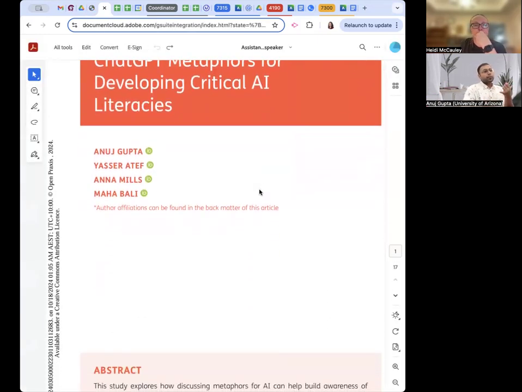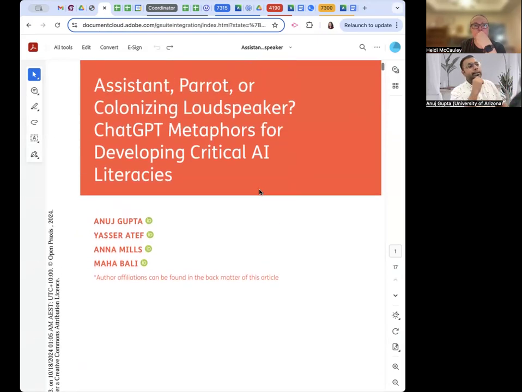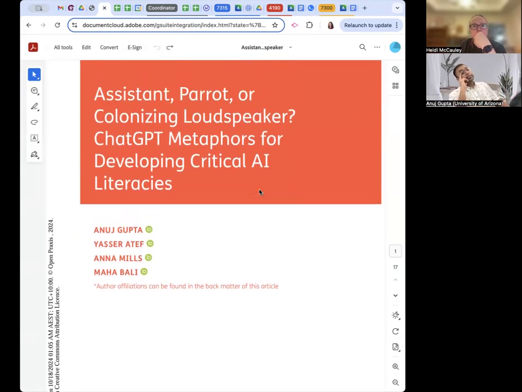I worked with 2 colleagues from Egypt, Yasser Atif and Mahabali, and Anna Mills from the US. And everyone was kind of bringing different ideas about how to structure and how to think about things. And Yasser, especially, also has a lot of expertise in disability studies. So he was able to give a lot of input about what tables are accessible and what are not.